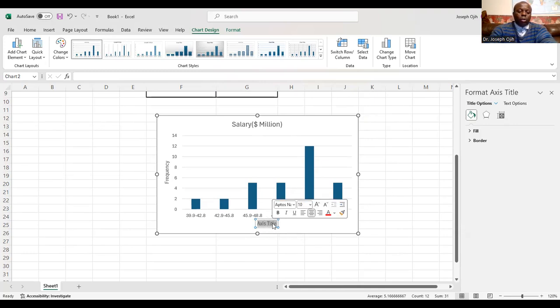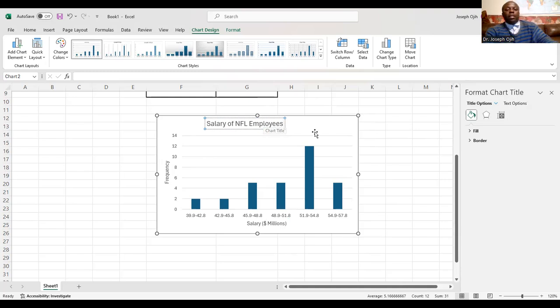Actually, what I wrote at the top: click here 3 times, then type salary in millions. Now, at the top, I'm going to change this to give it a good title: Salary of NFL employees. Okay, that's better.